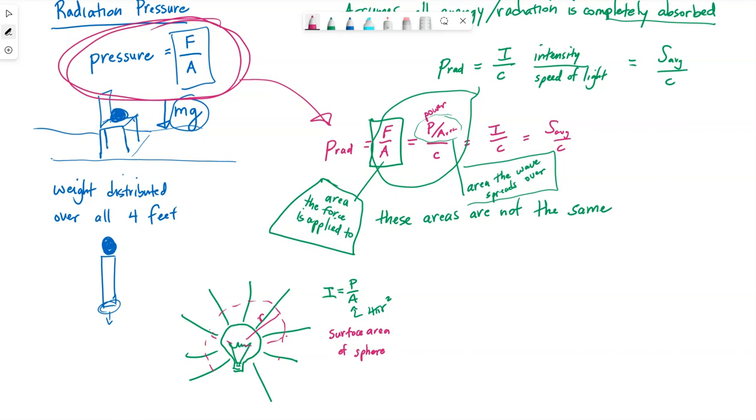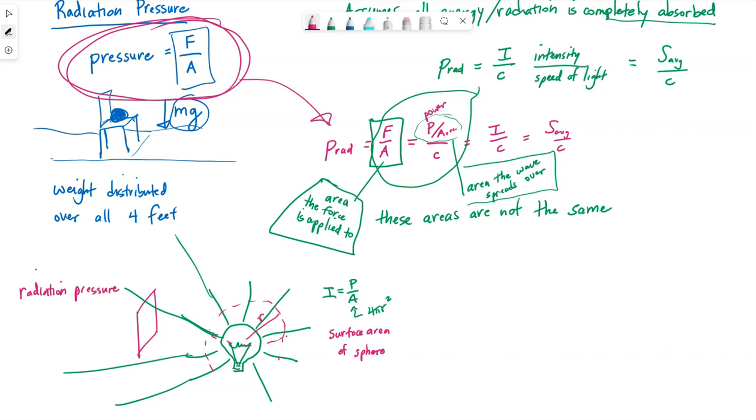Now, if we're talking about force, though, let's say I have a piece of paper over here. I didn't draw these lines long enough, but light would be traveling through the room. Some light would be hitting this paper. And so we would say that there is a radiation pressure, so the P rad that we say is force per area.